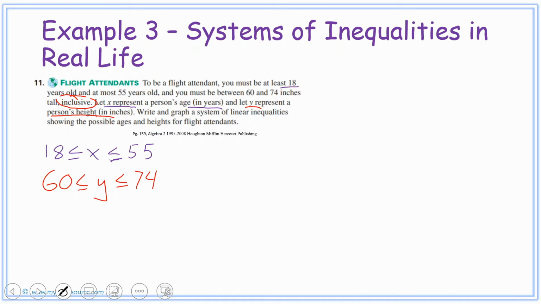So let me create my y-axis and a little break there. That's where 0 would be. And then do another one here. And that's going to be our x-axis. x, y, and that's our time in years. And this is our height in inches.